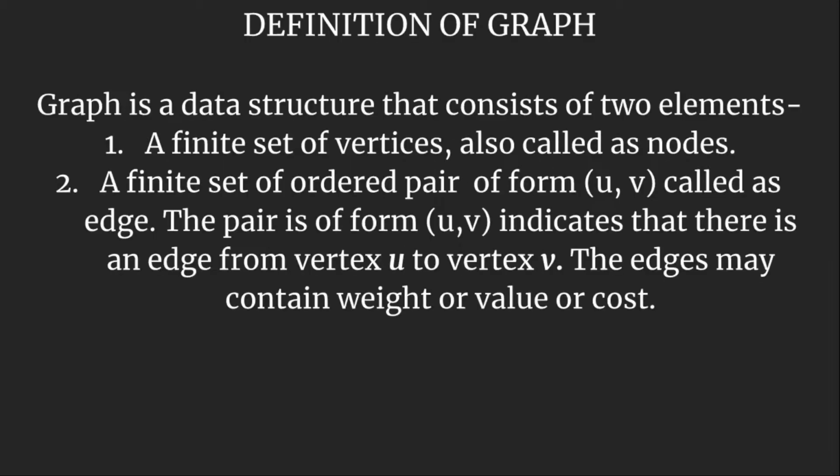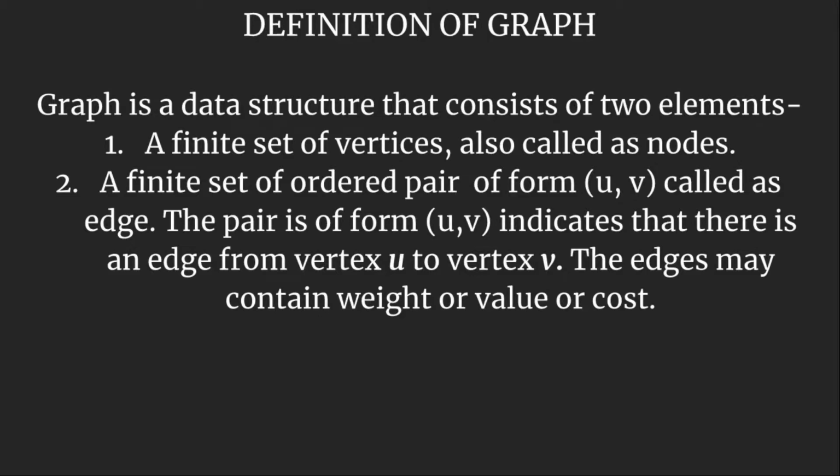So let's start. First we'll be knowing about the definition of graph, that is what this data structure actually means. We can formally define the graph data structure like this. The graph data structure consists of two elements.